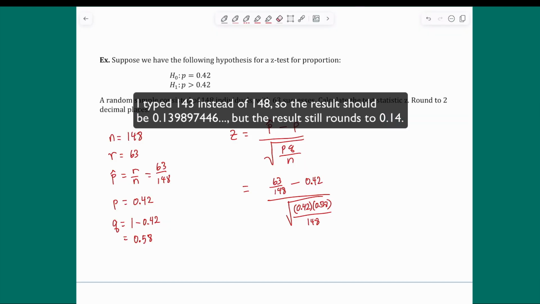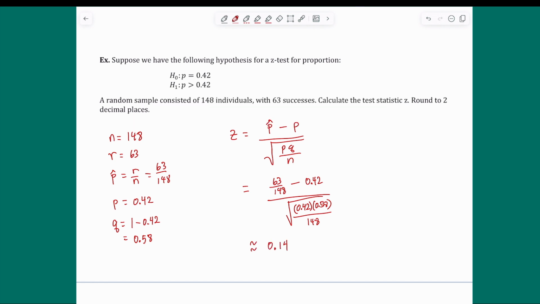We'll approximate this to 2 decimal places, about 0.14. Okay, so what does this mean here? This means our observation of 63 over 148 is about 0.14 standard deviations above the mean, and I'm saying mean here, but above the proportion of 0.42, assuming the null hypothesis is true.